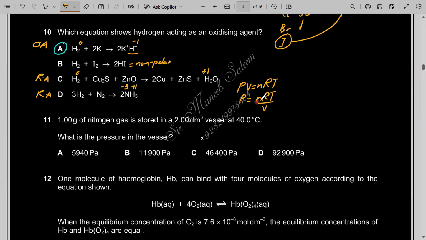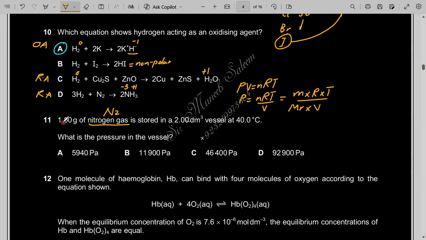So convert the formula of mole into mass over Mr, which means mass times R times temperature, divided by n, which is basically mass over Mr because nitrogen gas is given, which means N2. So Mr times volume.